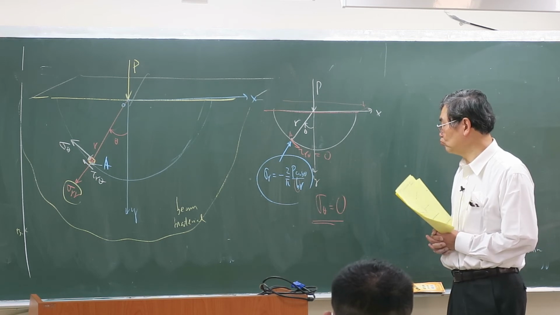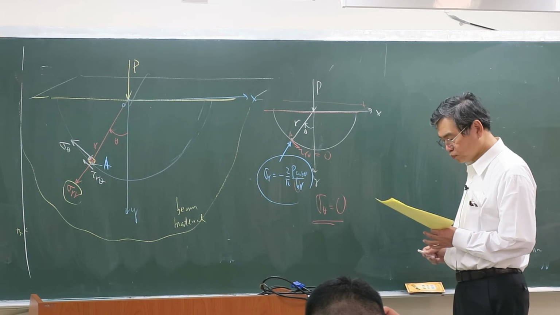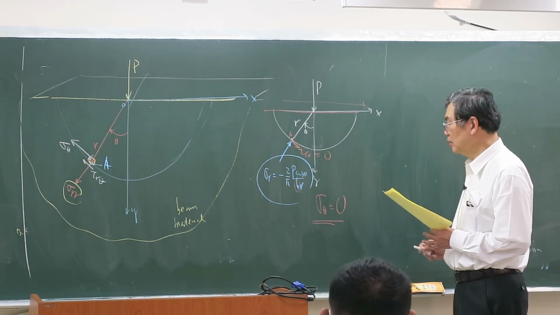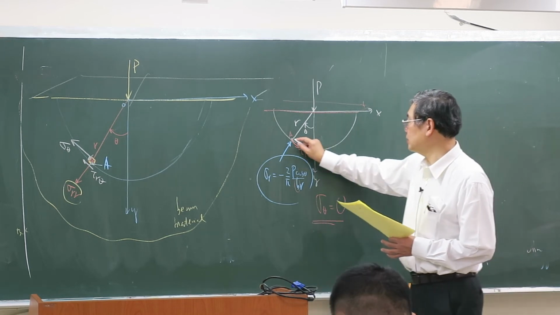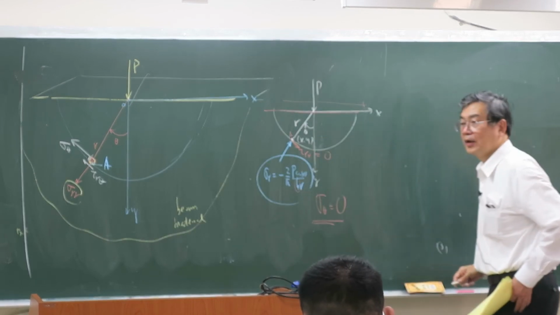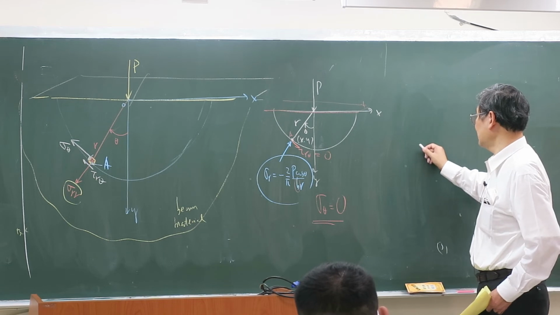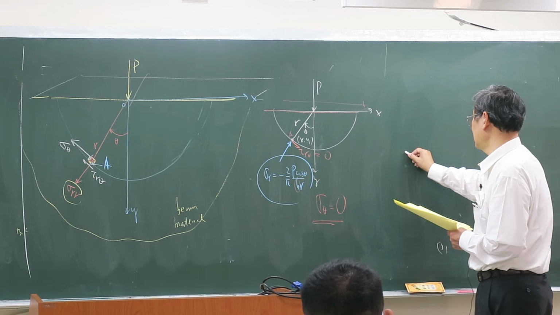Now, for this point, it has coordinates x, y. Right? So at point A, you can have an element here.